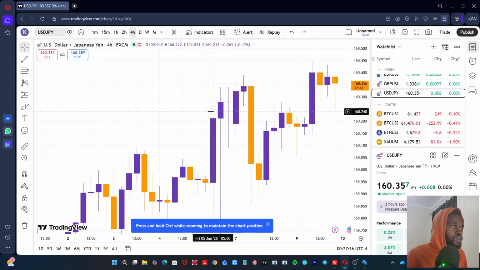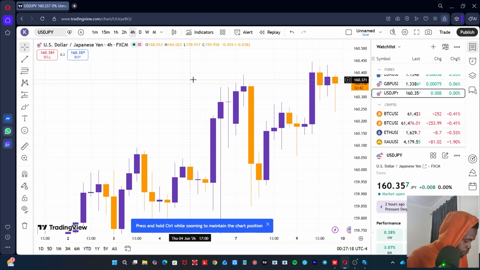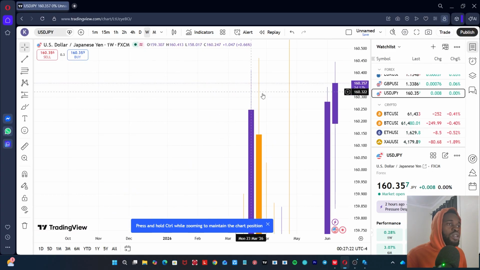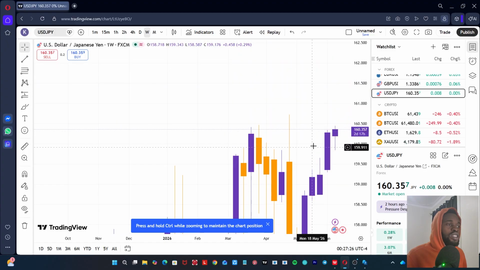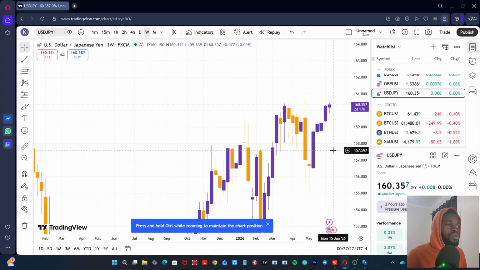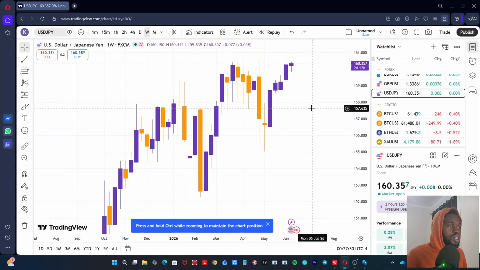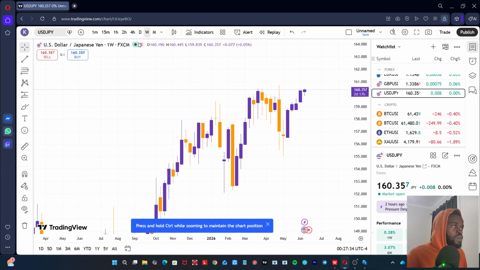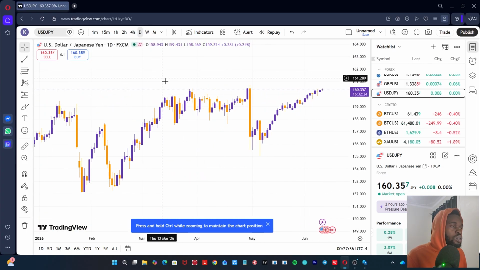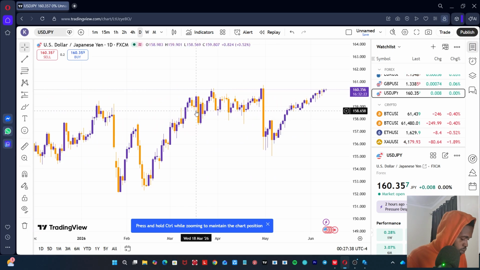As I said, the weekly is for the bigger picture, where you can see the long-term trend in the market. Then you can start moving down.